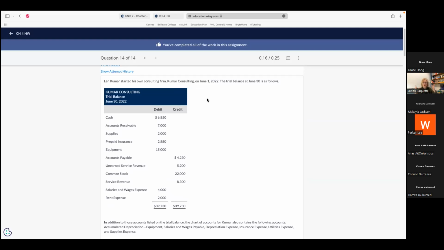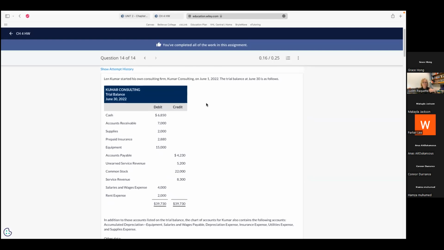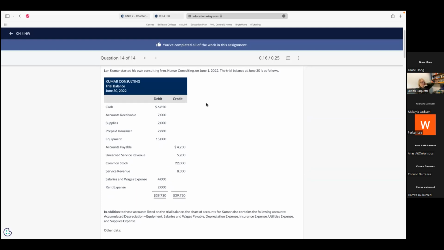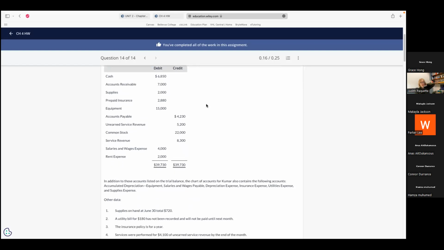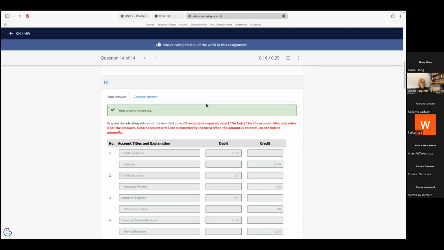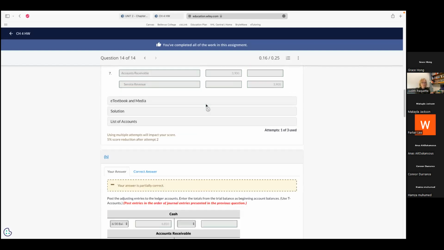In chapter 4, we're looking at the trial balance and we're saying, okay, this is the final trial balance before adjustments. And then we book our 7 adjusting journal entries. And so when they're saying, what was your current balance in the T account? It's as of June 30th, 22. We're not starting at the beginning of the month and posting every single transaction for the month. We've already done that. Now we're just saying, this is our balance before adjustments.